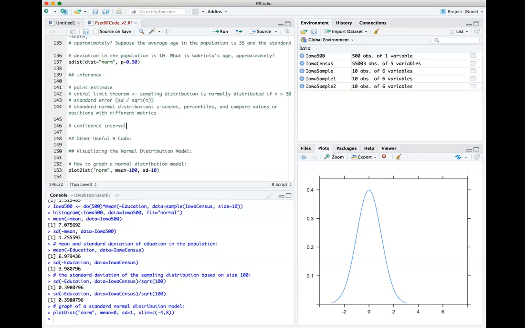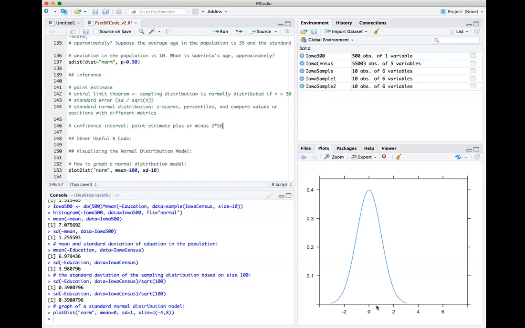This is something I didn't really get to. We're running out of time, but the confidence interval is simply our point estimate plus or minus 2 times the standard error. It's 2 times the standard error because, look at this right here. If we look at the standard normal distribution, remember 1 is the average of our point estimate in our sampling distribution. 2 is 2 times the standard error.